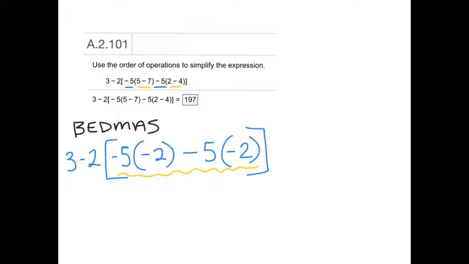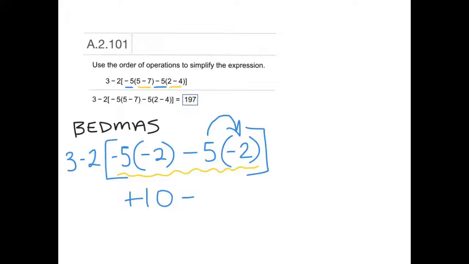So let me just take this step by step. You always want to go right to left when you're simplifying or solving an expression. So I'm going to start here, and I have negative 5 times negative 2, and that's going to give me positive 10. And then I'm subtracting positive 5 times negative 2.